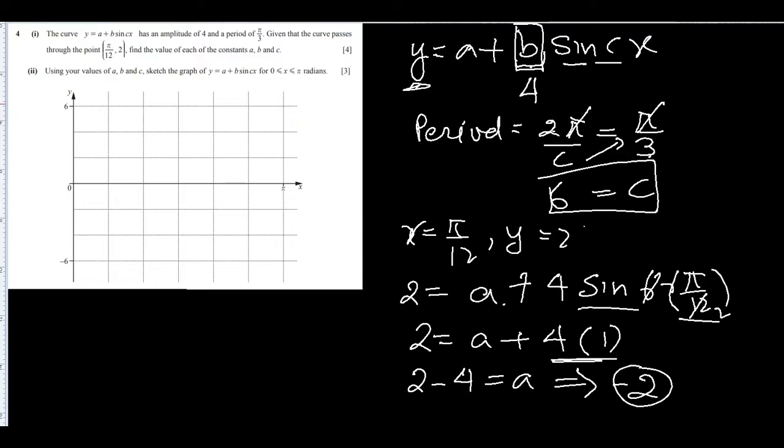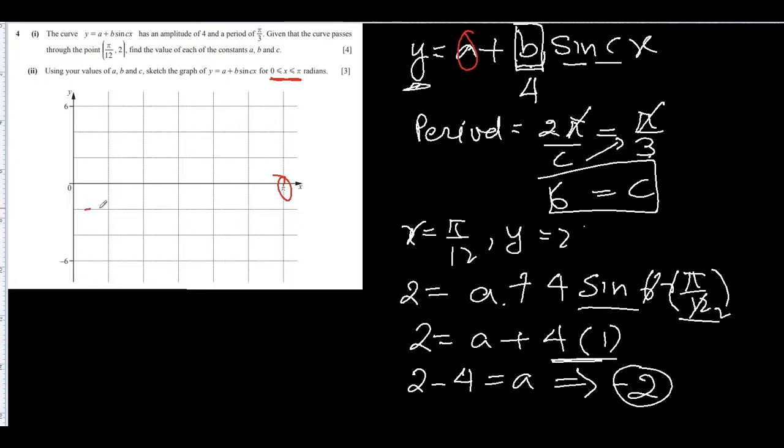Now, using your values of a, b, and c, sketch the graph of a plus b sine cx within 0 to pi, that is what they're saying. Yeah, and pi they have given here. Right, so first of all we should start with the axis, and the axis is always the a part here, and a is minus 2.